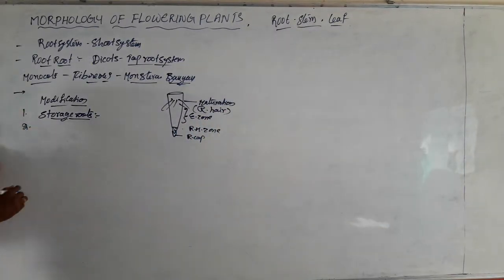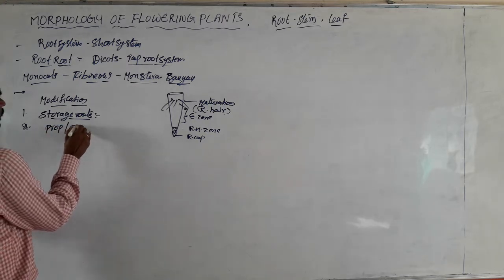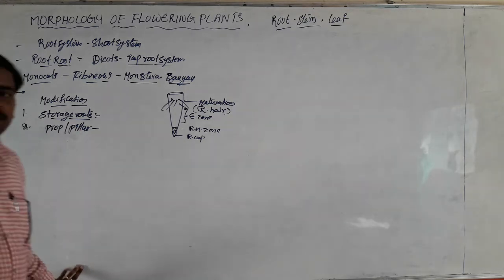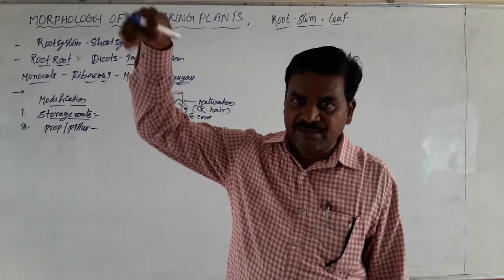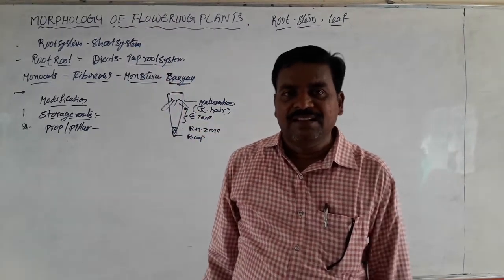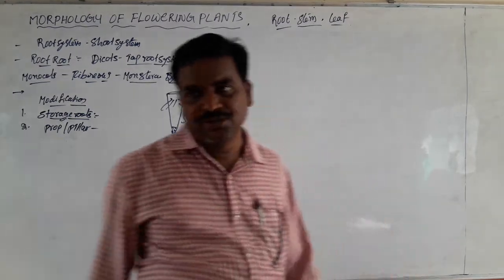Now coming to the second one: prop roots or pillar roots. In case of banyan tree, some roots are formed from aerial branches and grow in a positively geotropic manner. Later they become pillar-like structures that provide mechanical support.